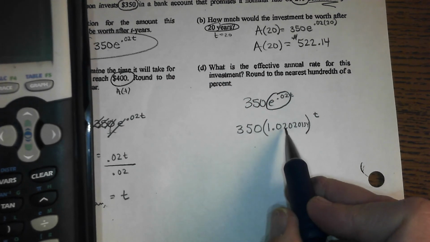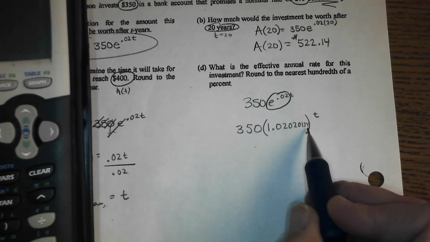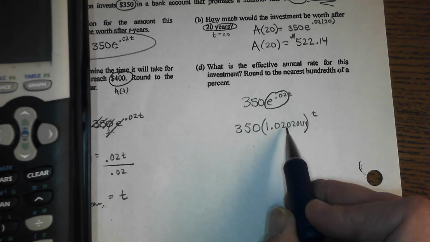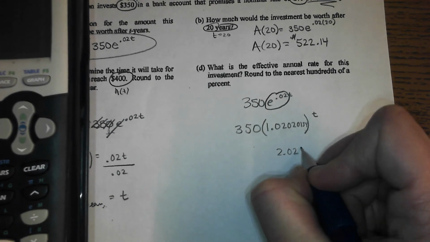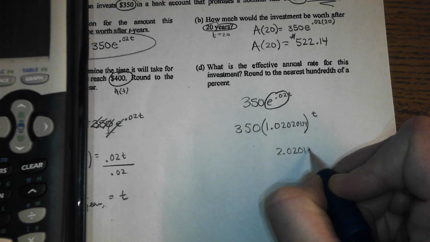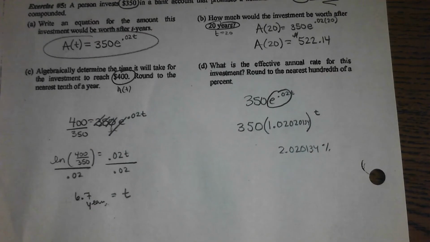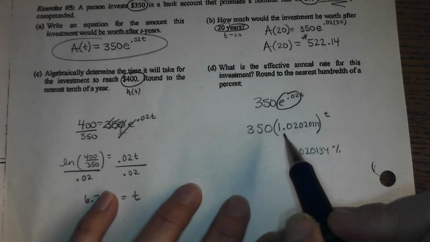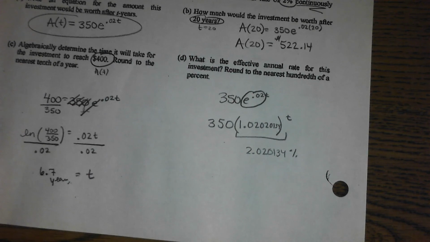So my effective rate is really a little more than 2%. Not much, but it's really 2.02%, 2.020134 if you want to get really into it. So this PERT formula, that r gives you your rate, but technically you make a little more than that. And you can see that you're 0.02 and then some over 1.